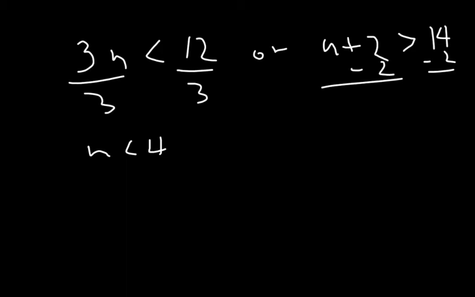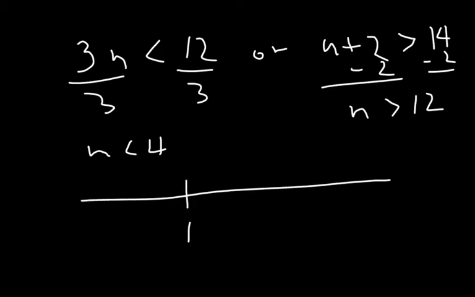N is greater than 12. So our 2 conditions are that the number is either less than 4 or greater than 12. So we put a 4 and a 12. Doesn't include 12, doesn't include 4. Less than 4 goes this direction. Greater than 12 goes this direction.